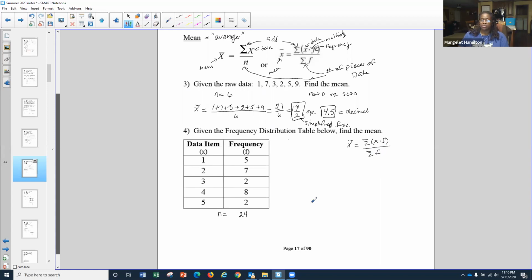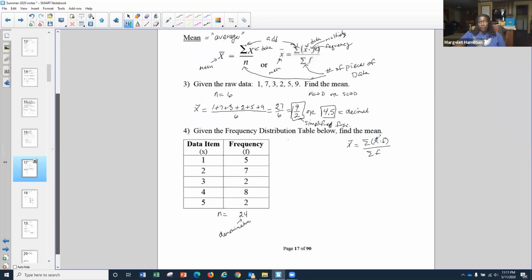That's our formula. What are we missing? We have our n, or our total number of f. So the sum of f is 24. That's what the denominator is. That's our denominator. Okay?